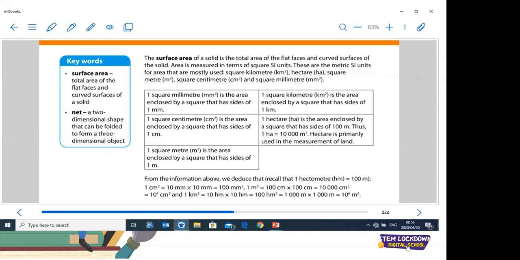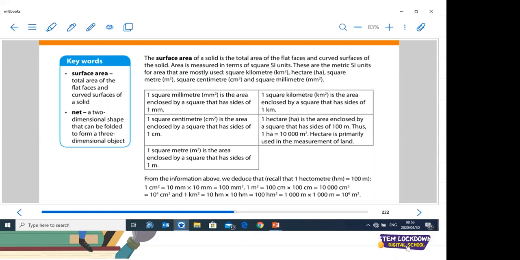So I'm sure in grade 7, you were also introduced to the nets. If not, yes, in grade 7, you were introduced to the nets, and then you can actually fold them together to complete a 3D object. So you can use your own nets on a piece of paper just to complete a 3D object.